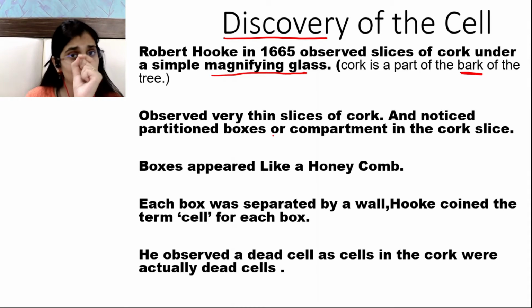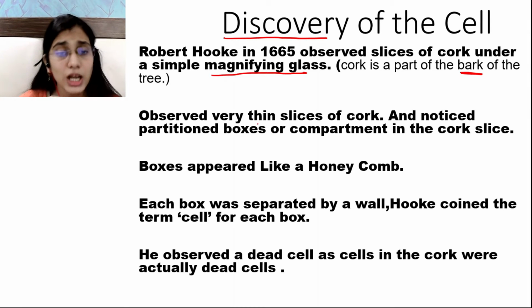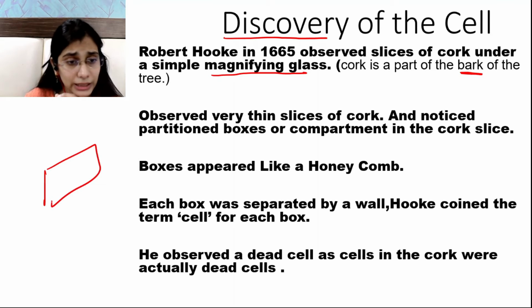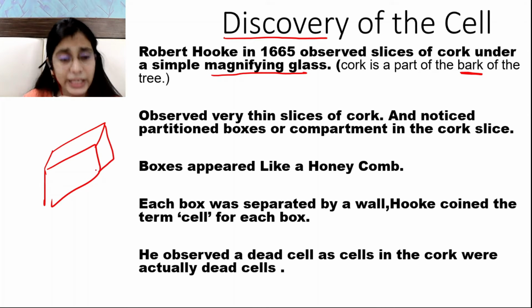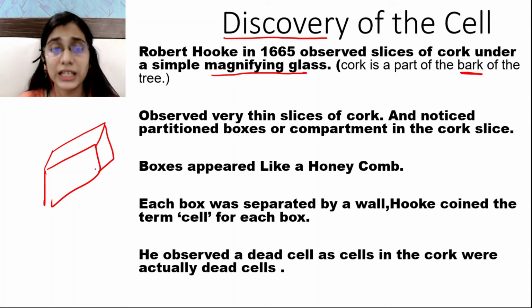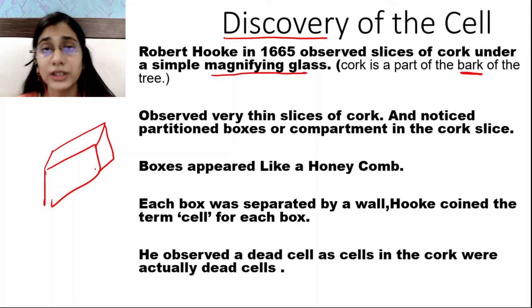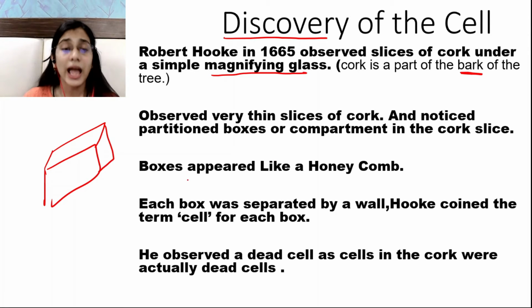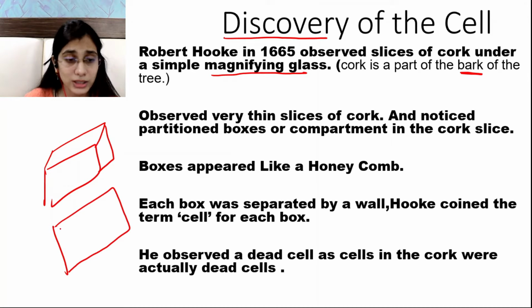Why? Because the cell is a very small unit. If we take a thick slice, it won't be easy for the scientist to observe things clearly. And when he observed those thin slices, he observed boxes of honeycomb-like shape.